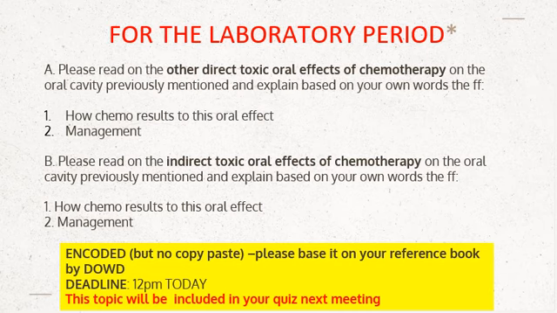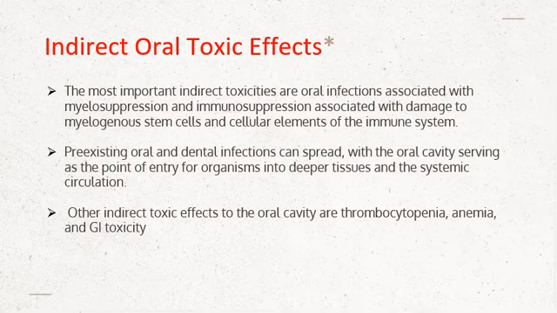The same goes for the indirect toxic oral effects of chemo. Read and explain in your own words how chemo results to that indirect type of oral effect and the management. Use the reference, since the answer is already there. You only need to read it, understand it, and explain based on your own understanding the questions asked for the laboratory period.